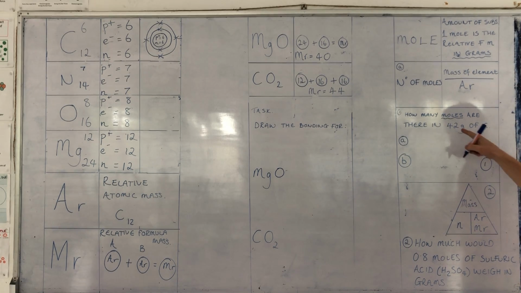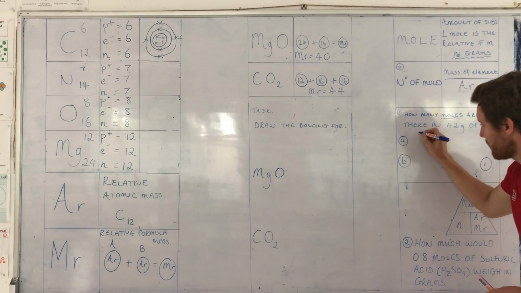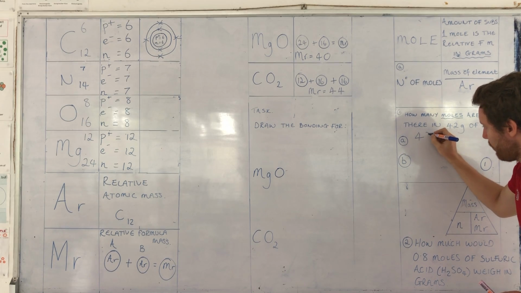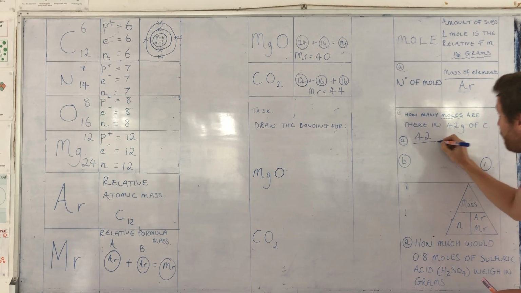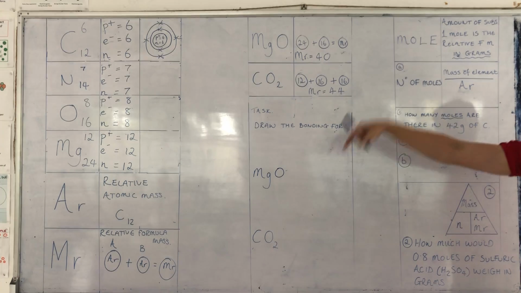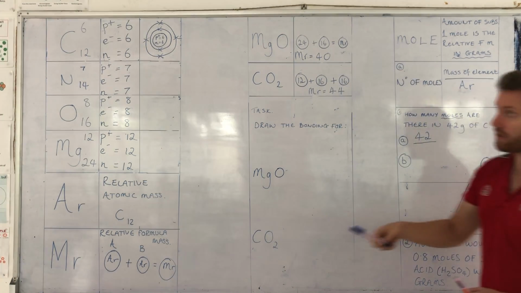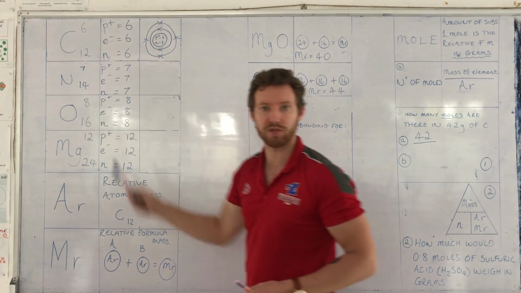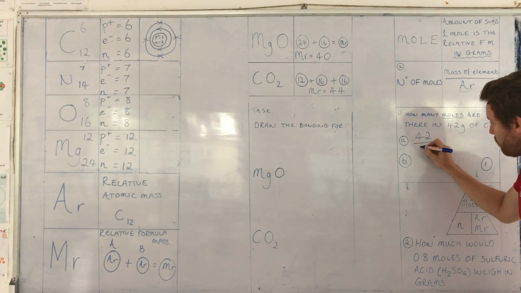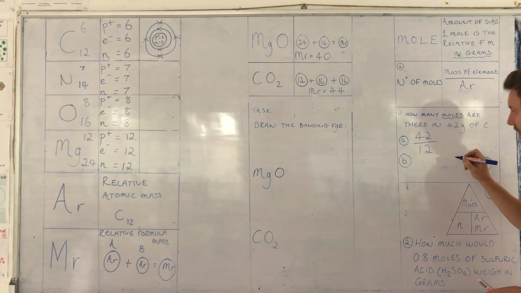Mass of the element, okay, 42 grams, so that's great. So let's put this information in. 42 divided by the AR, relative atomic mass of carbon. Let's have a look. There we go, 12. Nice and simple. 42 divided by 12.